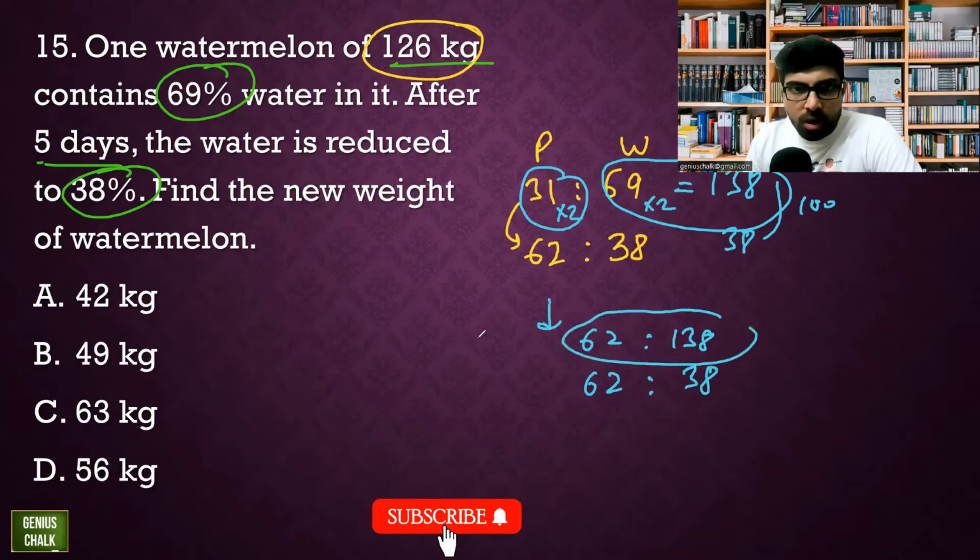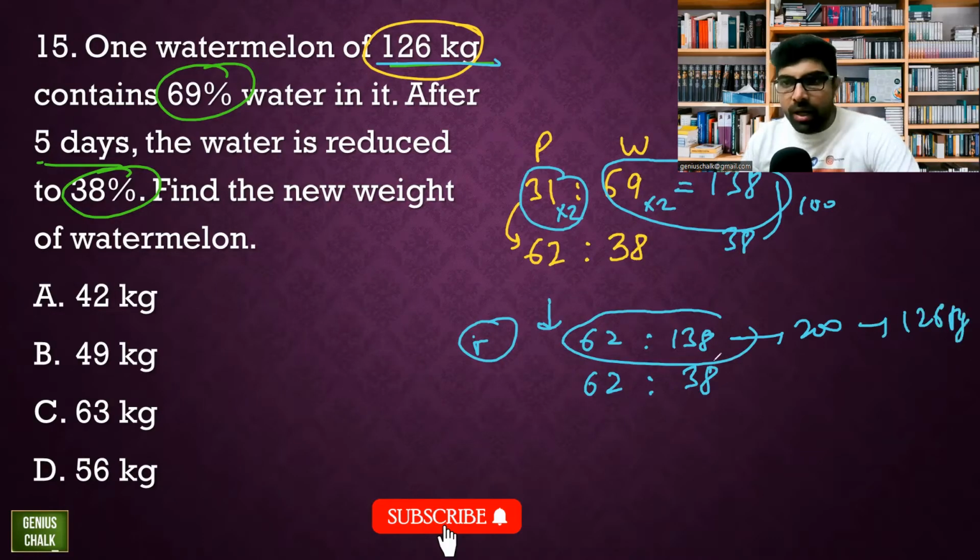So what is the total fresh watermelon? One watermelon 126. So what is the total here? It is 200, right? 200 units, but actually this is 126 kg. And how much is reduced? New weight. So what is the new weight? 100. What is half of this?